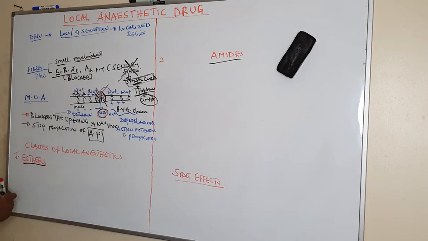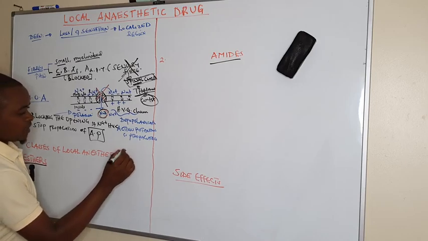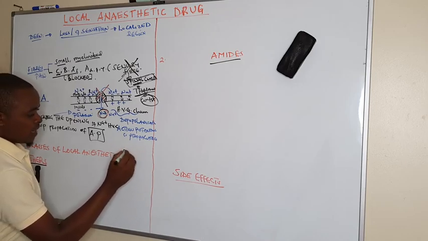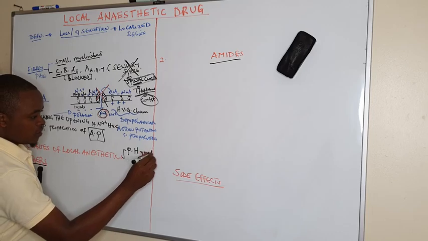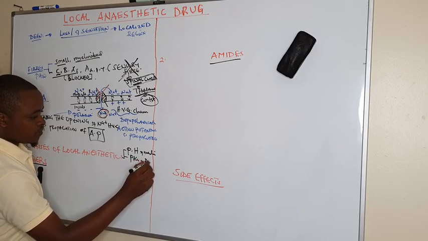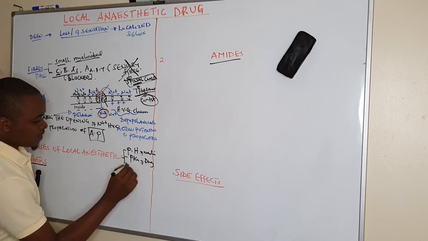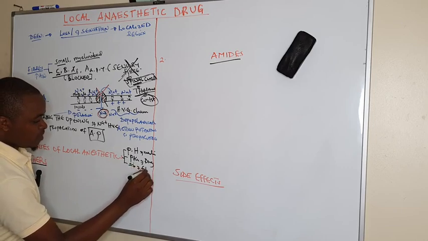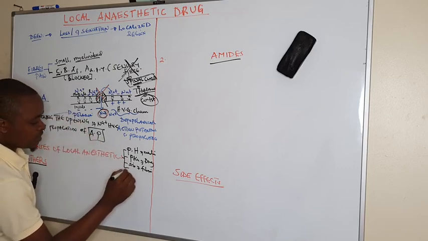So before we begin, we can look at this point, whereby the action of these local anesthetics is enhanced by alkaline pH. They are affected by the pH of the media, then by the pKa of the drug, then by the size of the sensory fiber, and by the fact that these drugs should be lipid soluble.